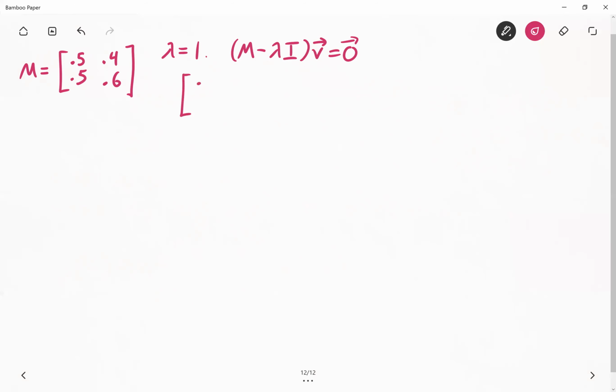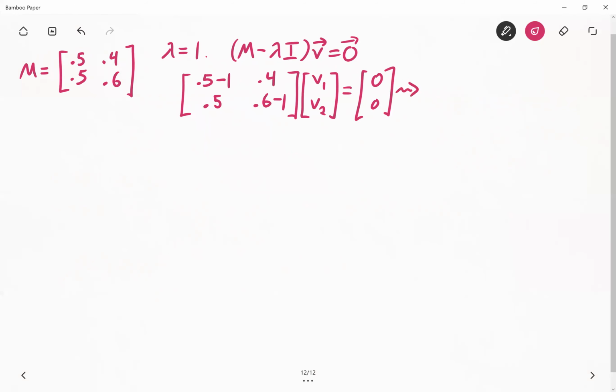So the equation here is 0.5 minus 1, 0.4, 0.5, and 0.6 minus 1 times the eigenvector v1, v2 is equal to the 0 vector. Let's convert that to a system of equations. 0.5 minus 1 should be negative 0.5.